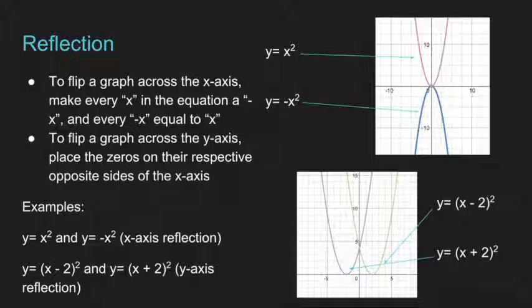To flip a graph across the y-axis, place the zeros on their respective opposite sides. And this can be seen in the graphs of y equals (x minus 2) squared and y equals (x plus 2) squared, where y equals (x plus 2) squared is the original graph, and its counterpart across the y-axis is (x minus 2) squared.